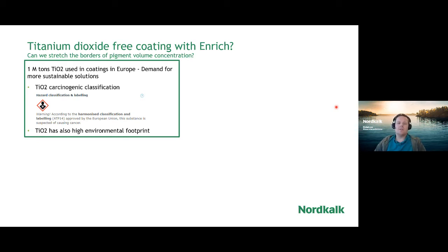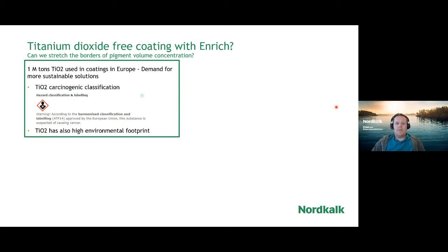One reason is the classification of titanium dioxide as carcinogenic when inhaled. I think this classification is already ongoing since the beginning of October.